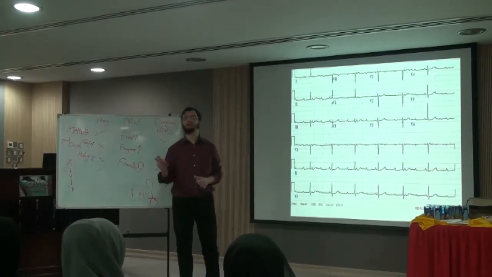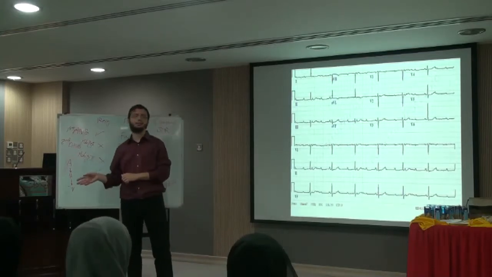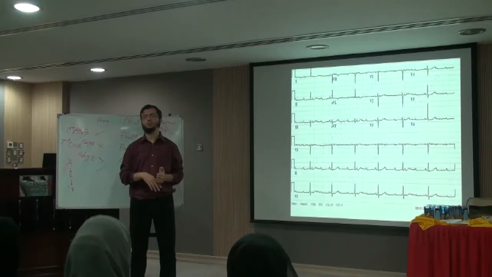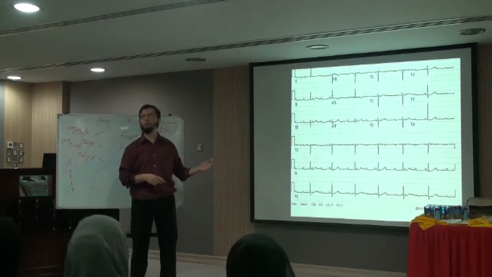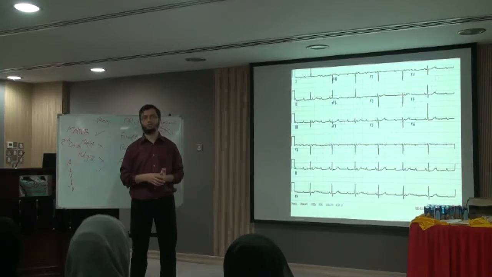If you find third degree AV block and the atrial rate is more than the ventricular rate, this is one type of the AV dissociation. That's why some people say third degree AV block or complete heart block, and some people say AV dissociation.